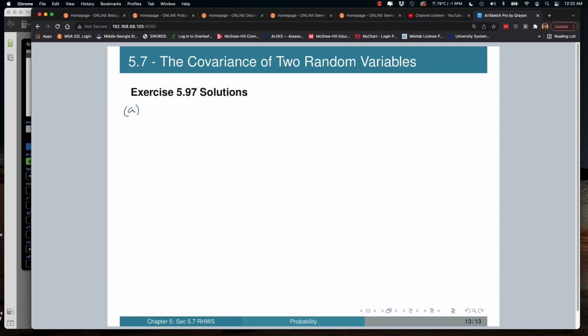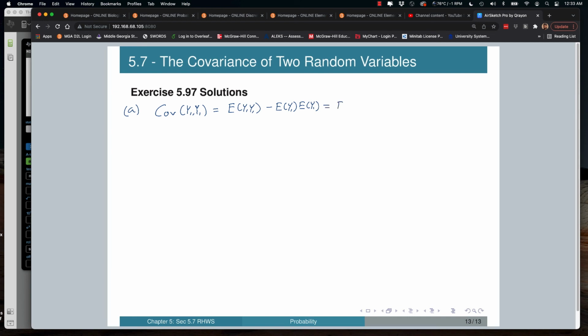So part A was asking us, what was the covariance of y sub 1 with itself? Covariance of y sub 1 and y sub 1. Well, according to the rules, that's the expected value of y sub 1 times y sub 1 minus the expected value of y sub 1 times the expected value of y sub 1, right?